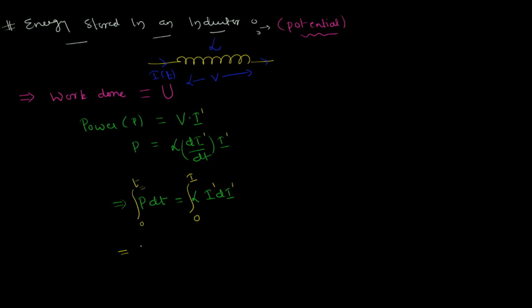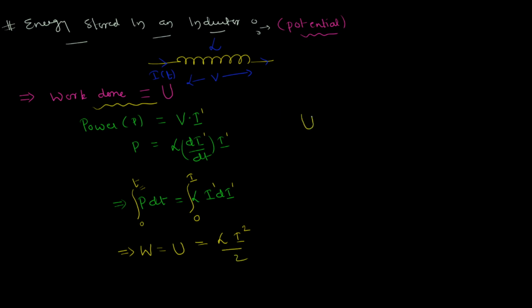So I can start calling it work done, which eventually I can call potential energy, which is equal to L, which is constant, times the integration of I dash di dash. It's like integration of x dx, which you are already very familiar with, is going to be I squared by 2. And there goes your expression for potential energy.